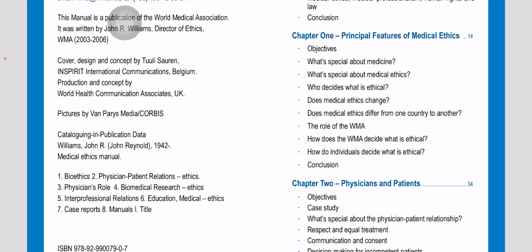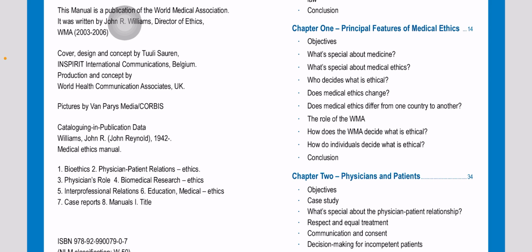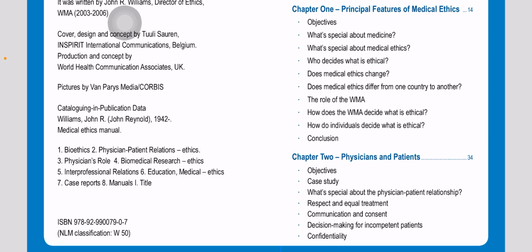Next, does medical ethics differ from one country to another? Is a certain principle or concept exclusive to one country, or are they all the same? Next is, what is the role of the World Medical Association?